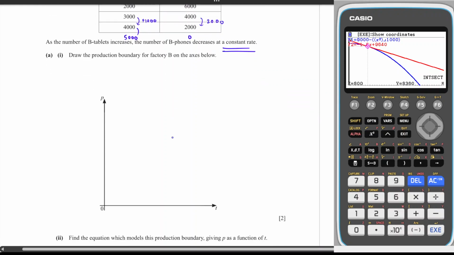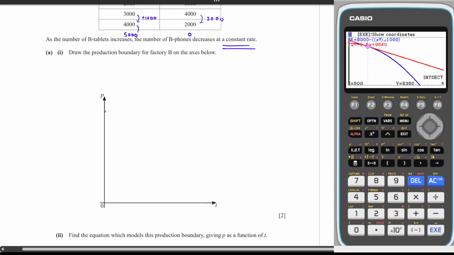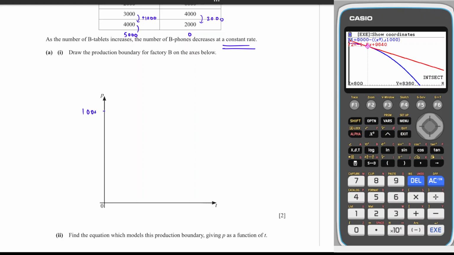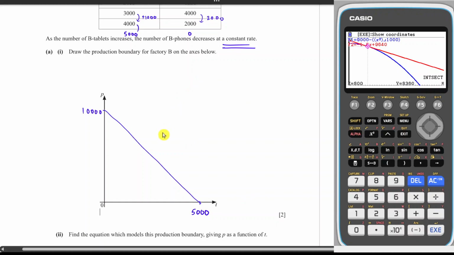So I think that's a hint for me. This is 10,000, and this is 5,000. Now I can just draw a straight line here which connects the two.